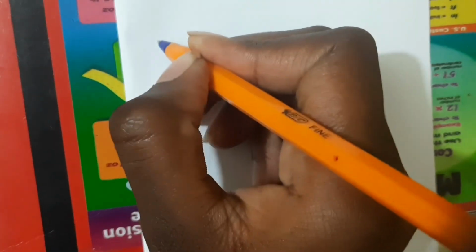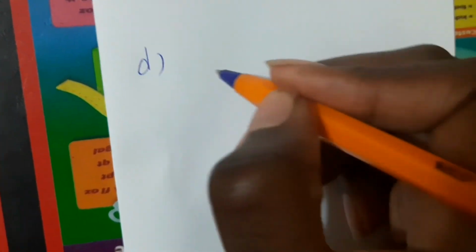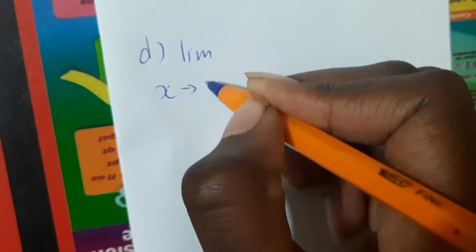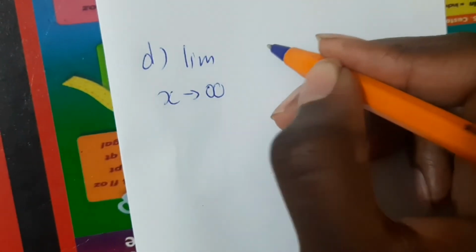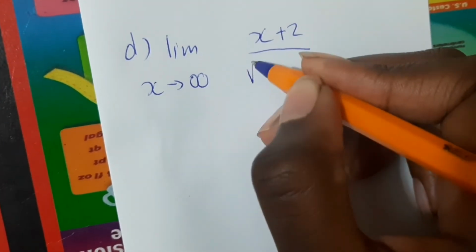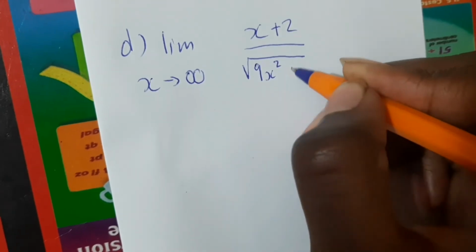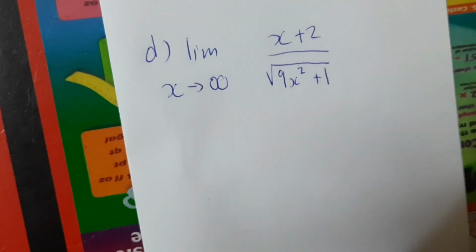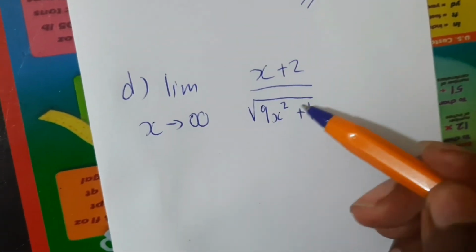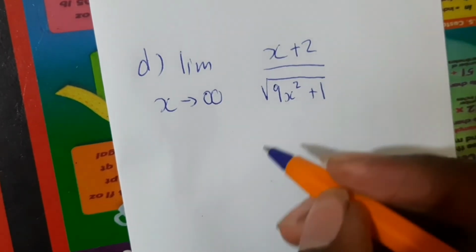So the last one, which is D, is the limit of x to infinity of x squared plus 2 over the square root of 9x squared plus 1. Due to the complexity of the way this function is arranged, we're going to have to simplify it.